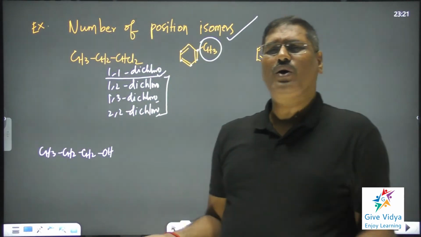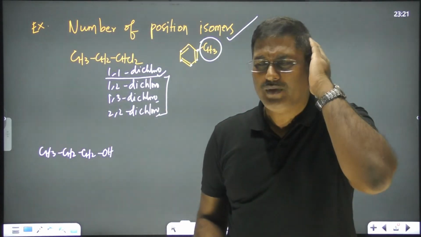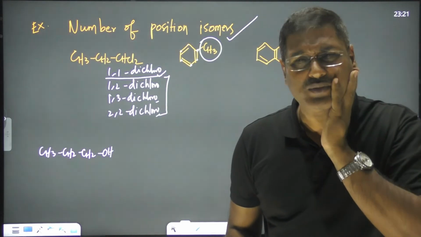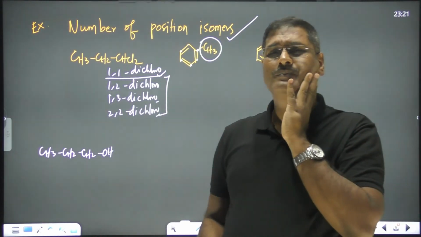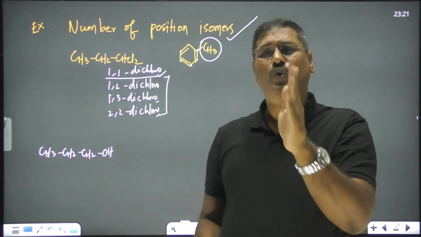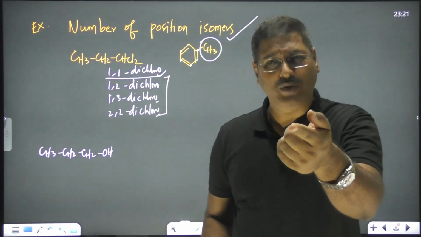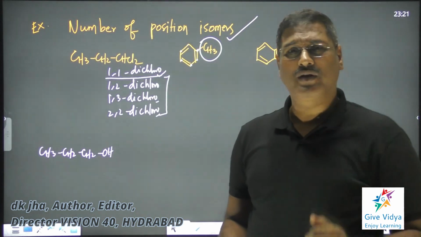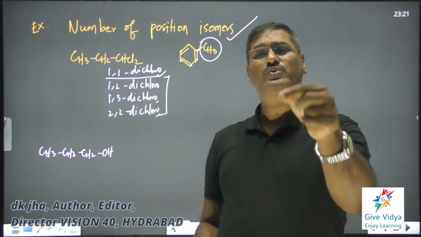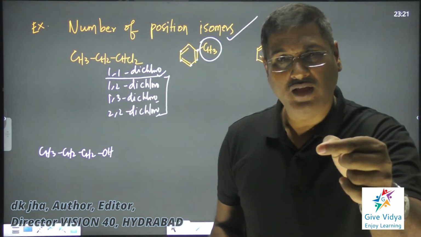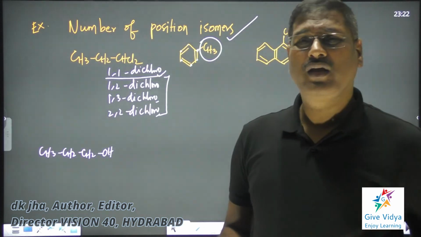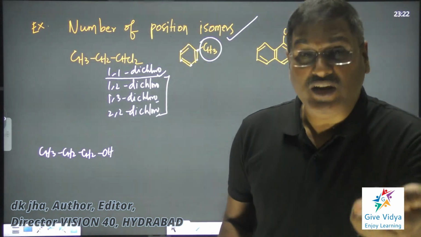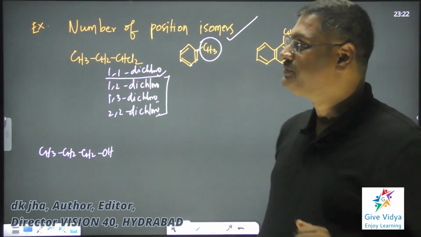In this case, where is the ortho, where is the meta, where is para? Ortho, meta, para are considered for di-substituted ones. This is the common mistake that I am telling you. Your answer may be correct, your approach may be correct, but in the flow, most of the students do this wrong. So you need to be careful.